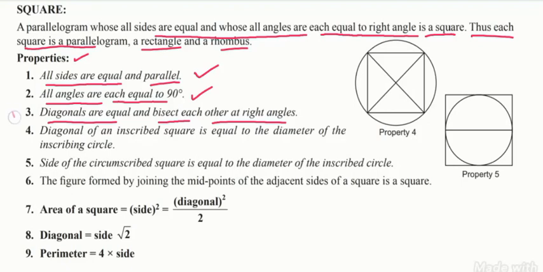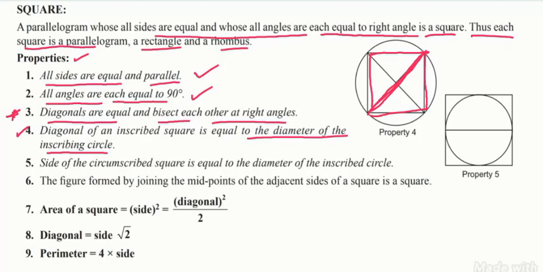Next one, diagonal of an inscribed square is equal to the diameter of the inscribing circle. Suppose a square is inscribed in a circle, then the diagonal of the square is nothing but the diameter of the circle. This is also very important.